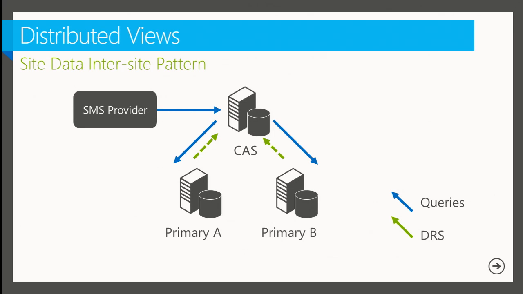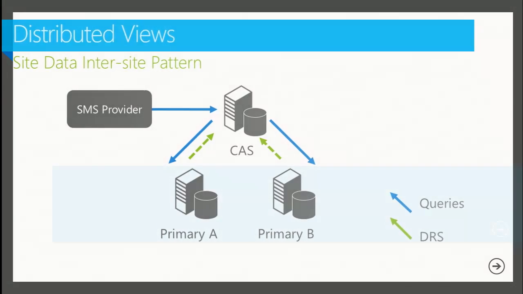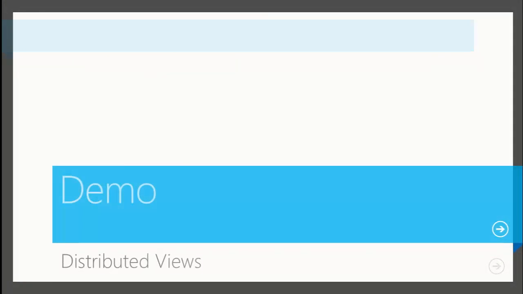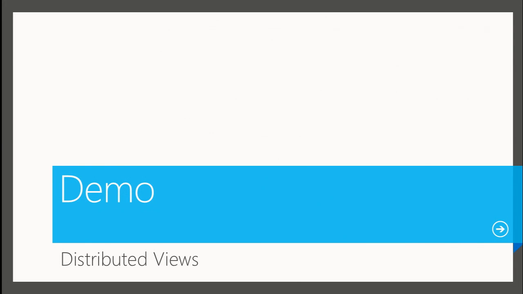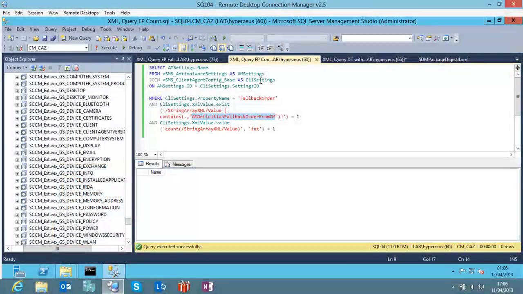So what's happening is the CAS is actually firing the T-SQL statement into your primaries. Now, that obviously implies that your primaries have to be very well connected and on a low latency link, because otherwise, it means things like opening Resource Explorer now have to go over the wire from the CAS to the primary.